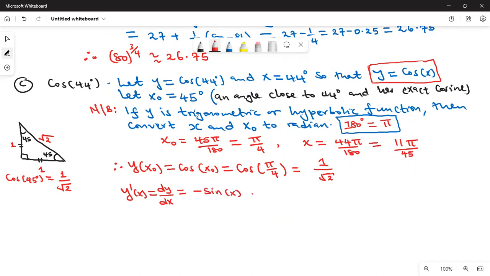Now from here, we can find y prime at x naught. Look at our y prime, that is the same as negative sine x. This is negative sine of x naught, which is negative sine, and our x naught is pi over 4.